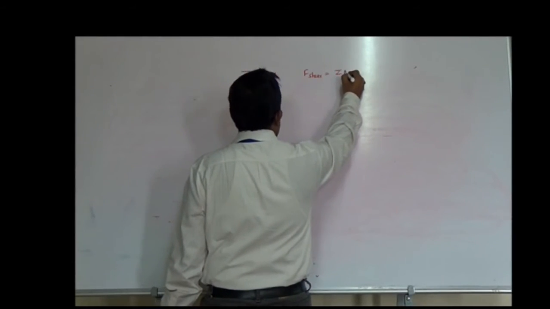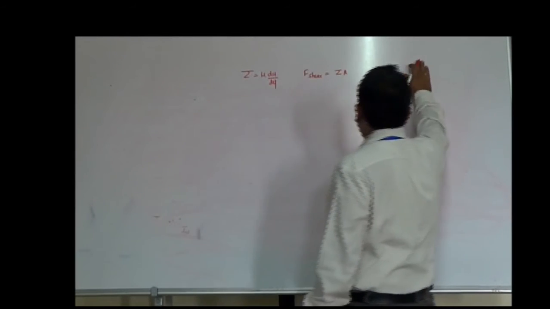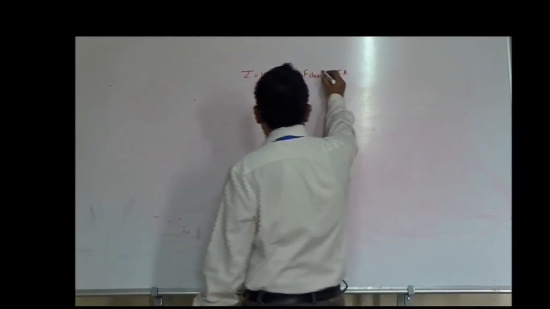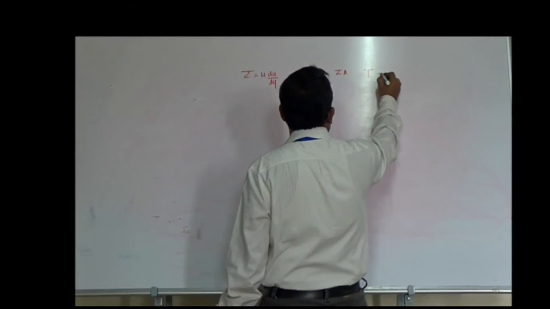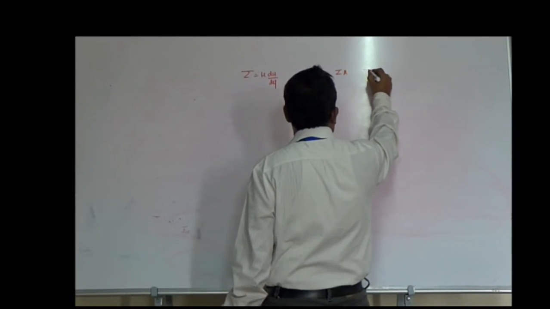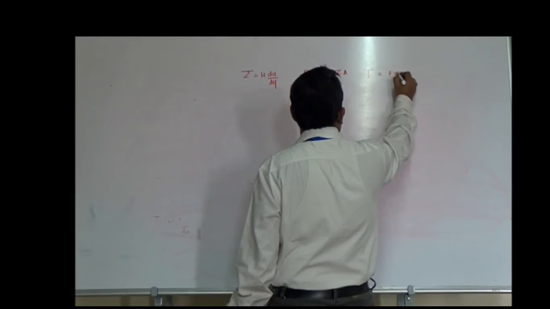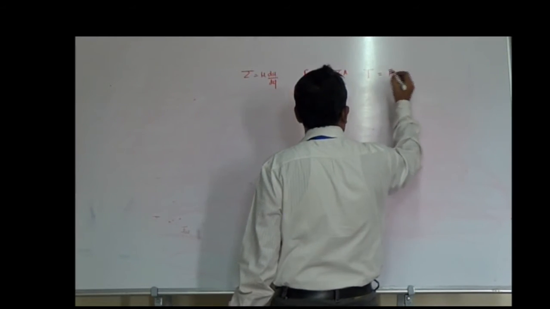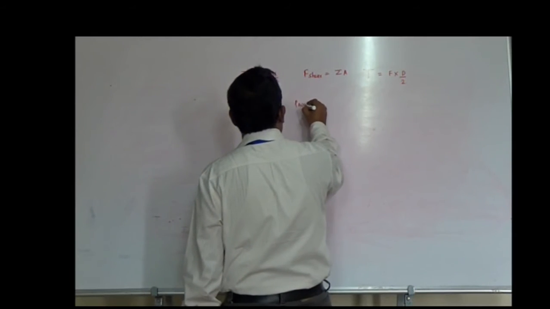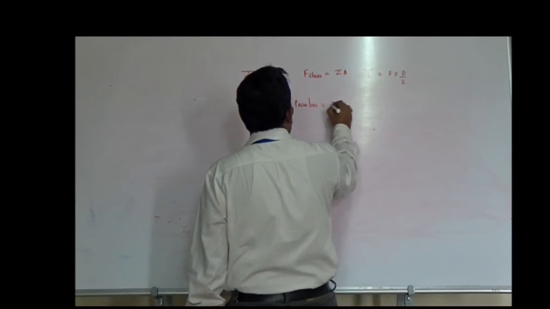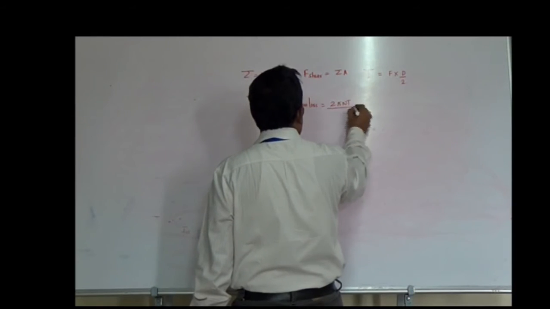Tau into A. Then torque is equal to what? Force into d by 2. And the power loss is equal to what? 2 pi n t divided by 60.